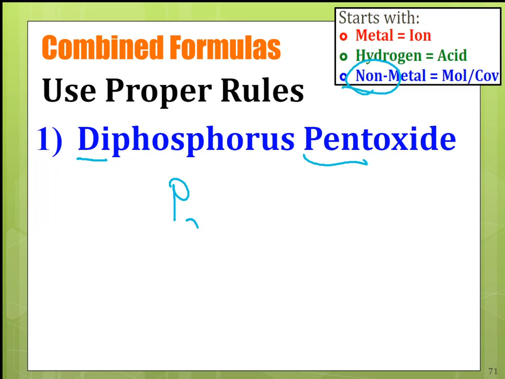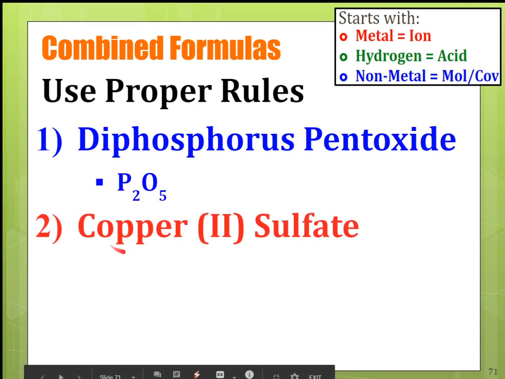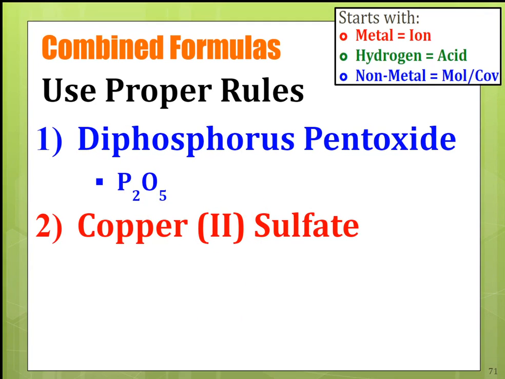Phosphorus is a P, and di means 2. Oxide with pent, like so. So very easy to name your molecular covalents, and you can tell that they're molecular covalent because they have the prefixes.